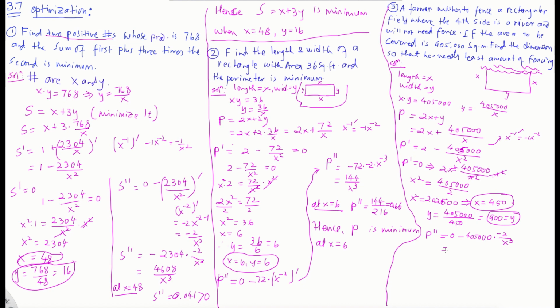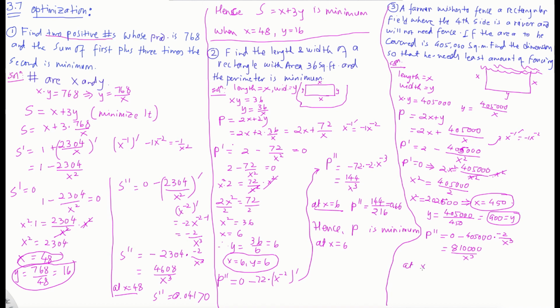So this will give you 405,000 times negative 2, which would be 810,000 divided by x to the third, right?